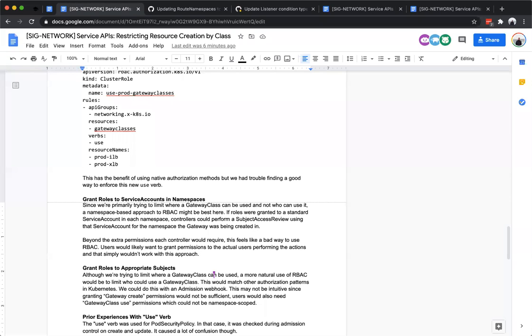It's that if in the webhook you go and touch other resources, you could conceivably end up in cycles of webhooks, or it just causes reliability issues. Right. So if every time you need to create a gateway, you need to do a lookup on gateway class, and that lookup is blocked by something else, is that what you're describing?